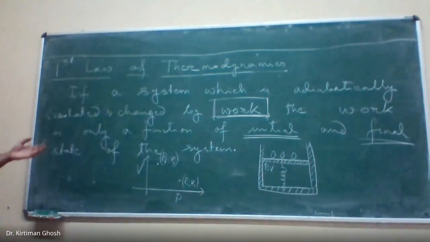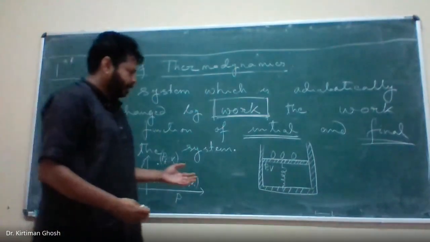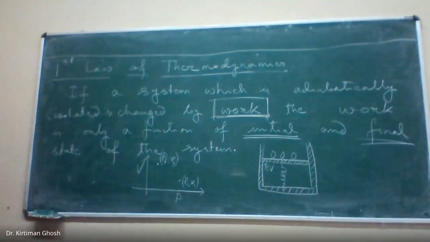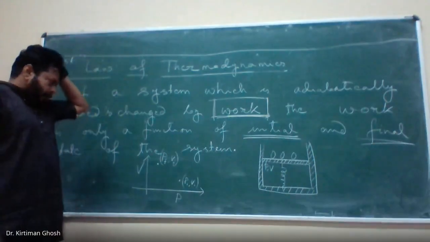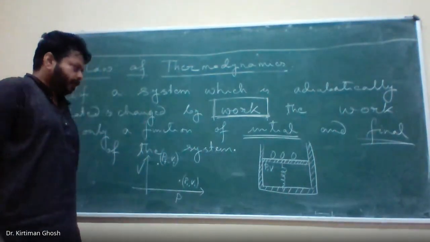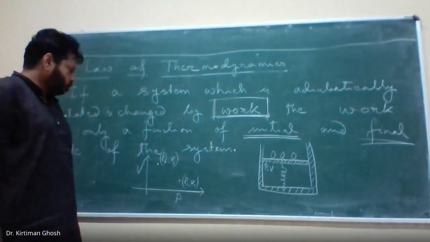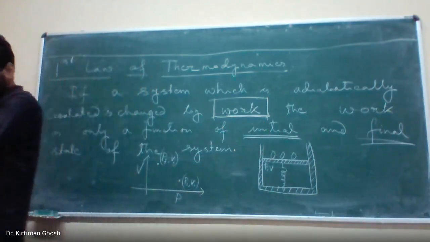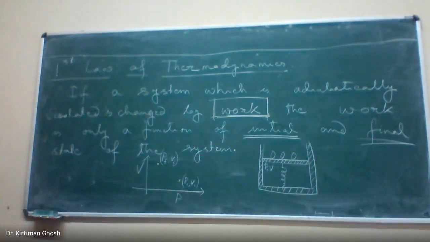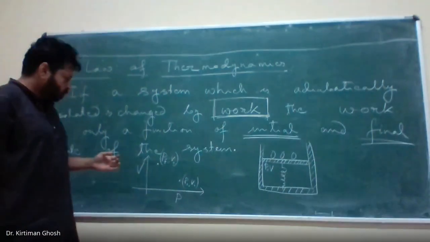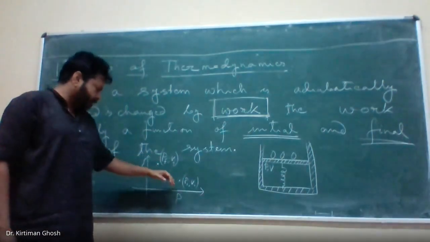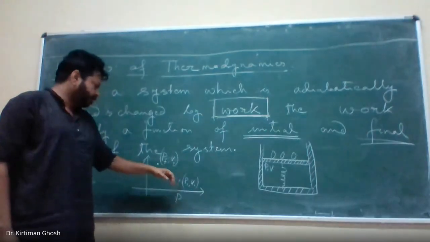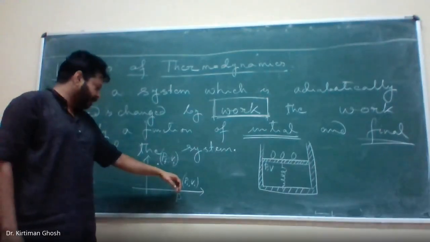You do something mechanical to change the state of the system. Then the zeroth law of thermodynamics tells you that you do not need to know if the system is adiabatically isolated from the surroundings. The first law of thermodynamics tells you that you do not need to know the path that connects these two points, PI, VI and PF, VF.